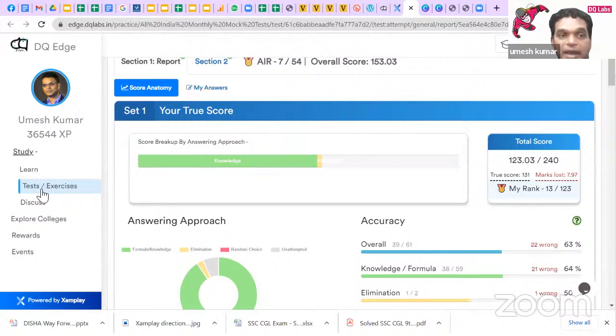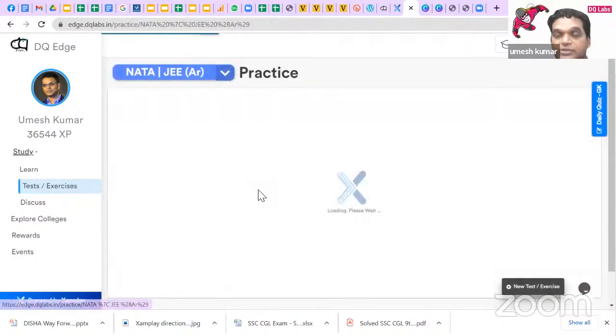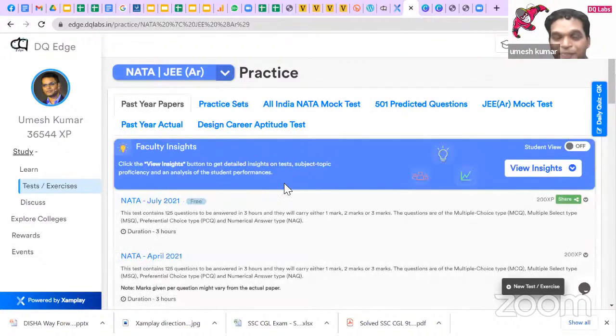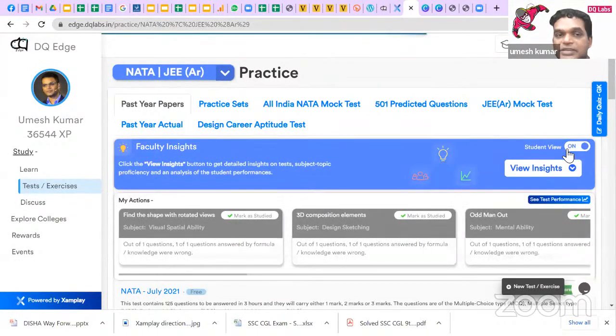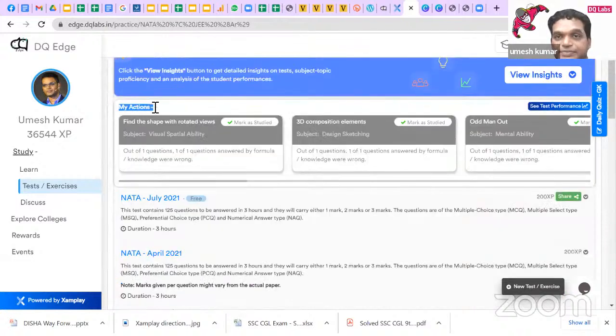Now, going back to the test, somebody has asked, okay, sir, I have done all these mock tests, what is the next thing I have to do? This is where the dashboard comes into play. I have just switched on the student view, because I'm a faculty showing faculty insights. You can see these my actions. This is what you should be doing next.